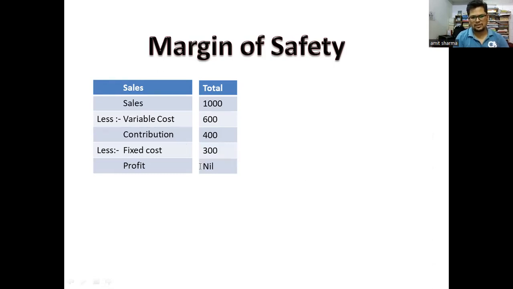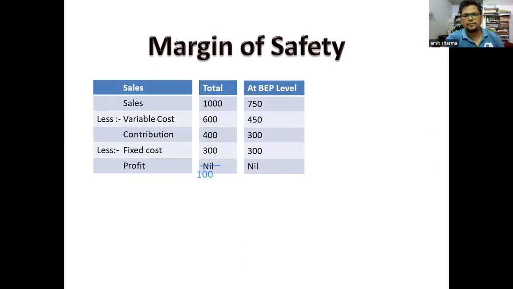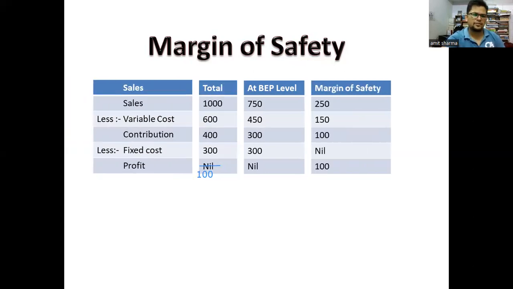Here is a mistake, so I am correcting it, and the profit will be 100. And at break-even point, the sale was 750, 450 as variable cost, contribution was 300, fixed cost was 300, and you see there is no profit.